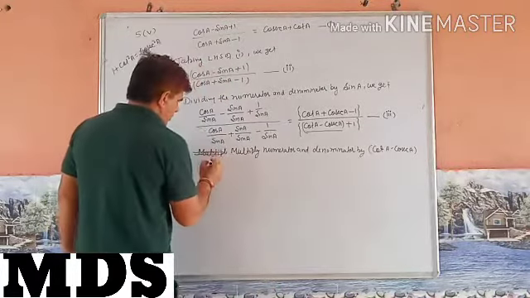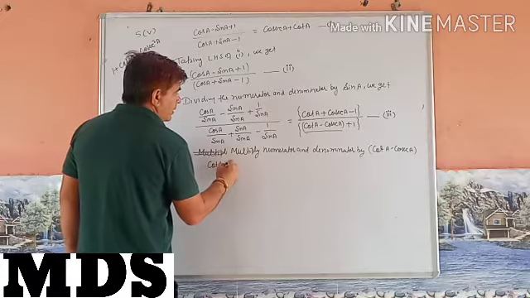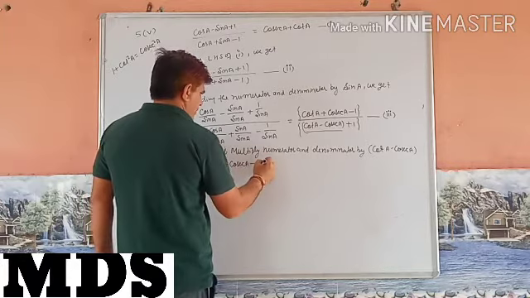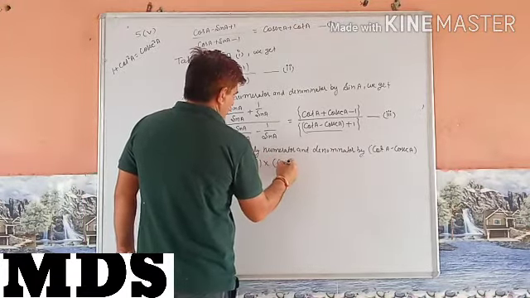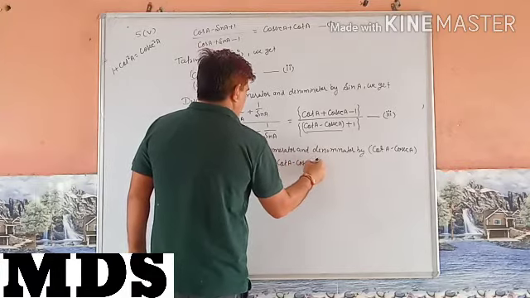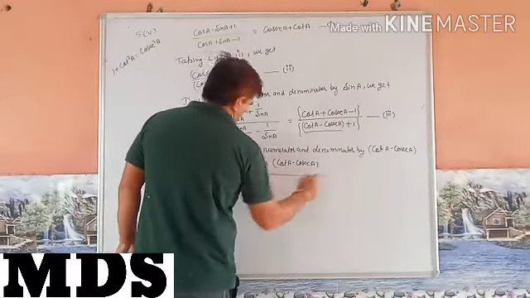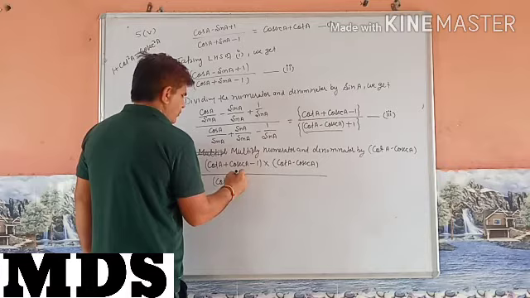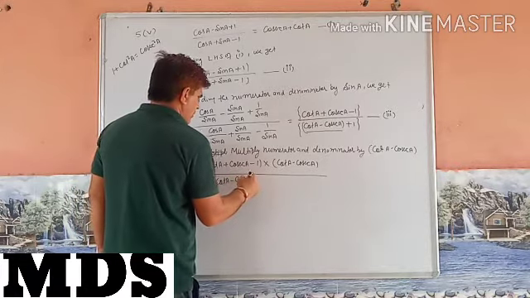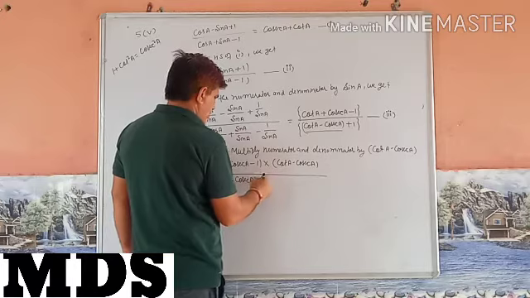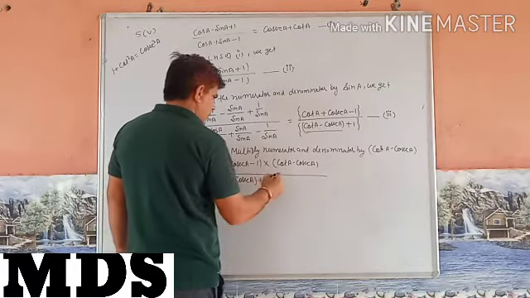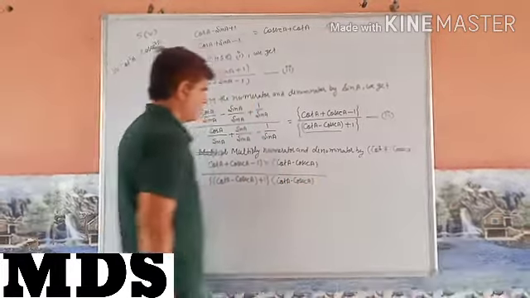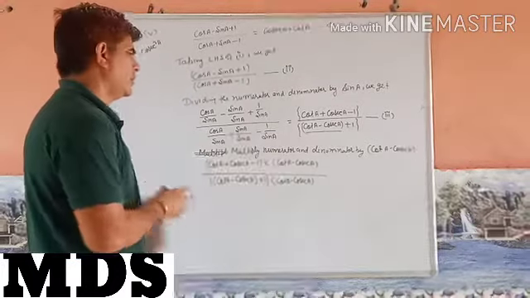So it becomes (cotangent A plus cosecant A minus 1) into (cotangent A minus cosecant A), whole divided by (cotangent A minus cosecant A plus 1) into (cotangent A minus cosecant A). Denominator leave as it is.